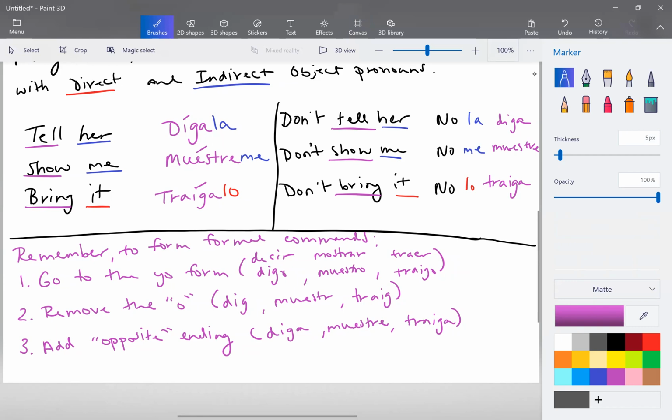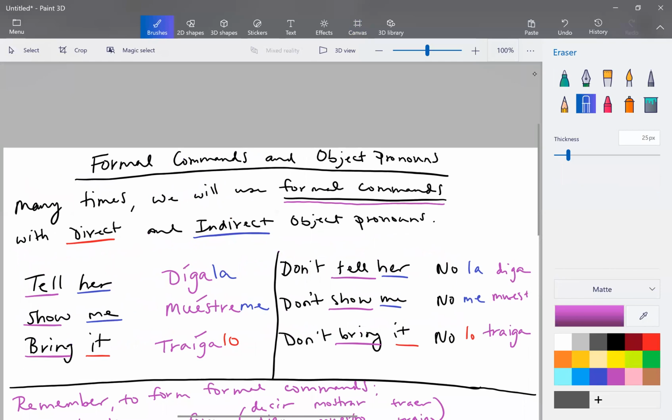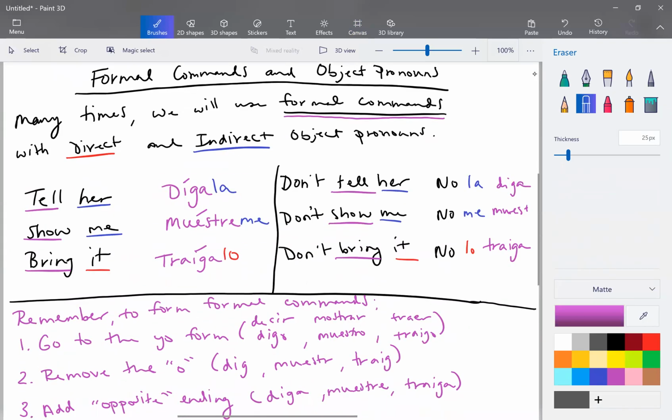Okay, so what changed? What changed? I'm really just not gonna be able to write this word. There we go. Can anyone see what happened? You moved the pronoun before the verb.